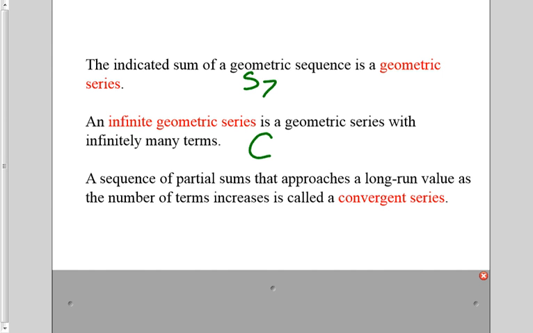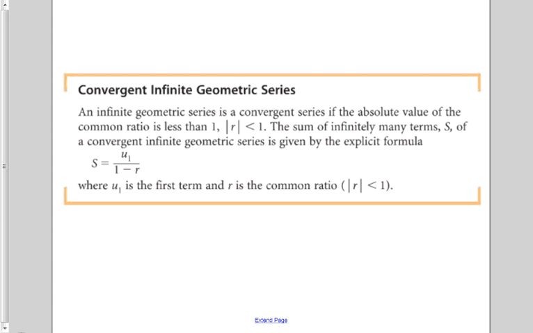Finally, a sequence of partial sums that approaches a long-run value as the number of terms increases is called a convergent series. So we would say that Jack eating half a pie a day converges to 1. Thus, this is a convergent series. Now, looking into our book definitions, a convergent infinite geometric series: an infinite geometric series is a convergent series if the absolute value of the common ratio is less than 1.